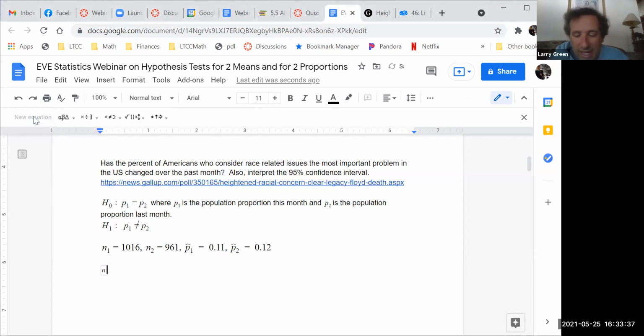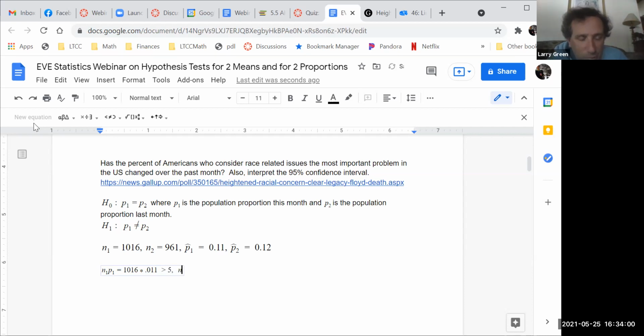So notice that N sub 1 P sub 1 equals 1016 times 0.11. And that's more than 10% of 1016, which is more than 100. So that's greater than 5.